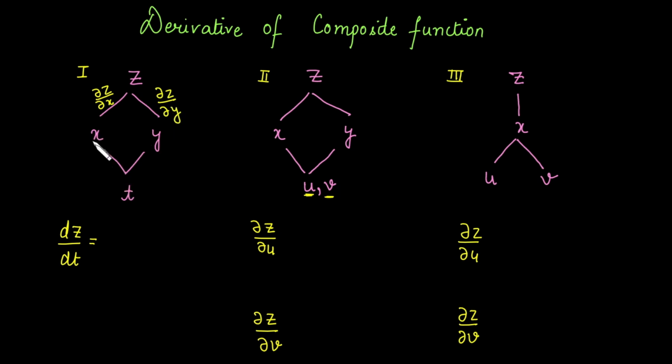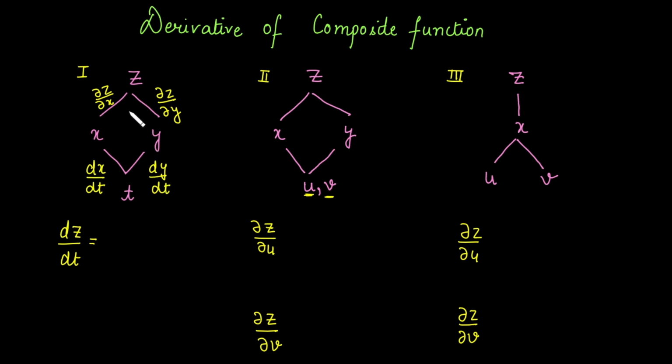Now when you take the derivative of x or y with respect to t, it is an exact derivative. Why? Because x and y are functions of only one single independent variable. So in this case we will take the exact derivatives dx by dt and dy by dt.